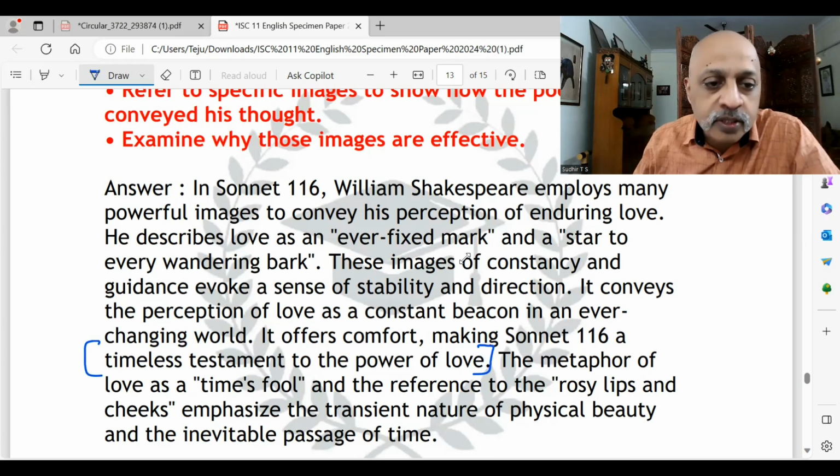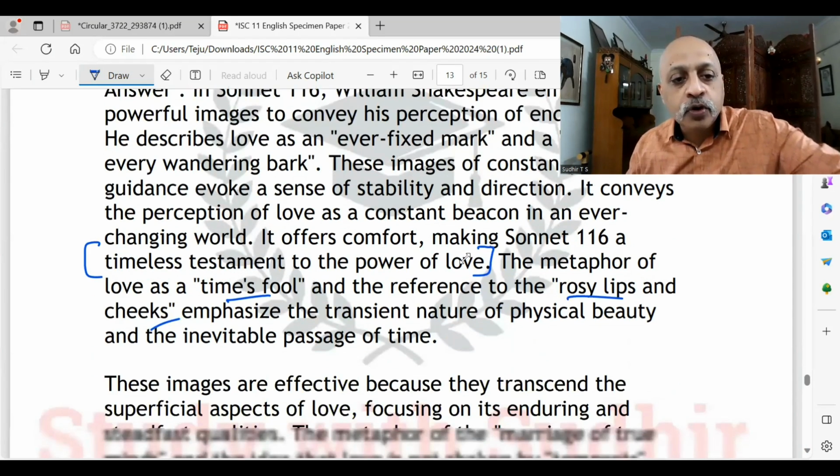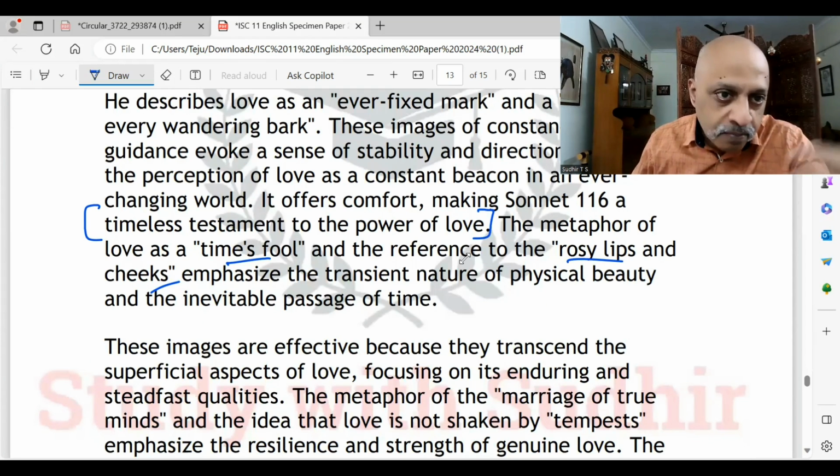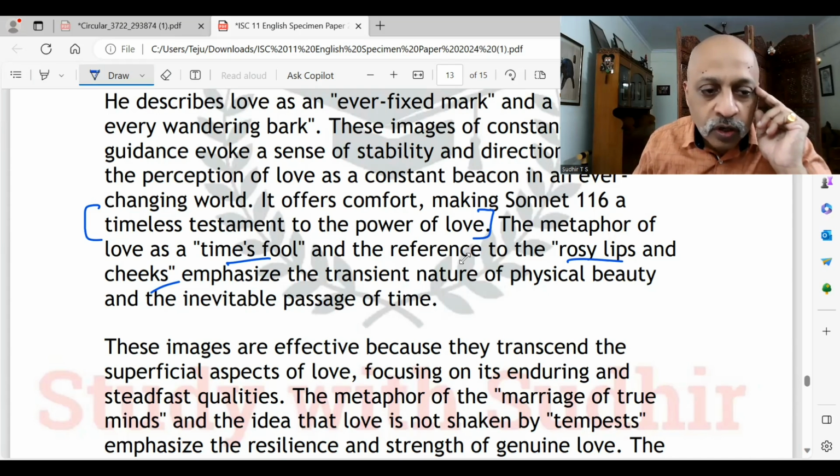Okay, this one. The metaphor of love as time's fool, again a key phrase, and the reference to the rosy lips and cheeks emphasize the transient nature of physical beauty and the inevitable passage of time. Pretty similar to Abhisara. These images are effective because they transcend the superficial aspects of love, focusing on its enduring and steadfast qualities.